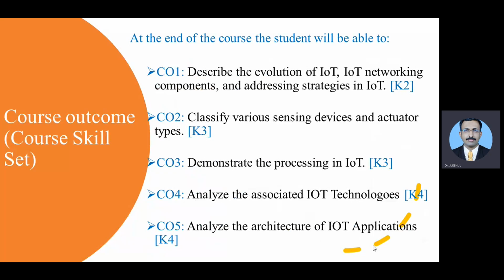And then analyze the associated IoT technologies, that is K4, and analyze the architecture of IoT and applications, it is K4. So we will be beginning with K2, K3 and K4 knowledge levels. Okay. So you can just note down these outcomes. Once you study the course, you can understand that these are the outcomes you are going to get.